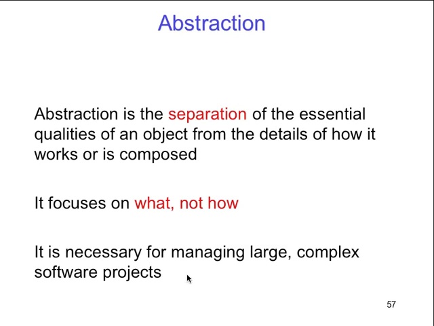By definition, it focuses on what and not necessarily how, which is how you can build a repository, and I'm not using the word library on purpose. You can build a repository of all of this functionality, and you just use it.